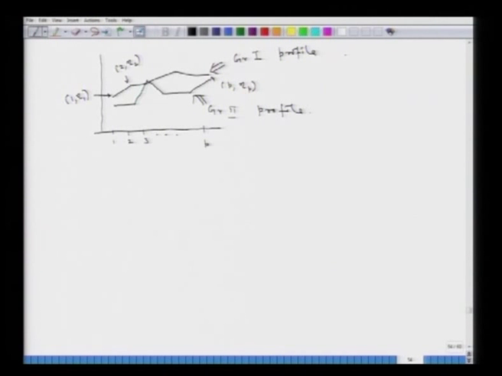Another profile plot can be of the following nature, like this. So this is also a profile plot.